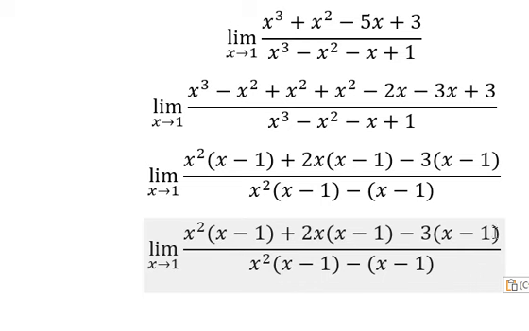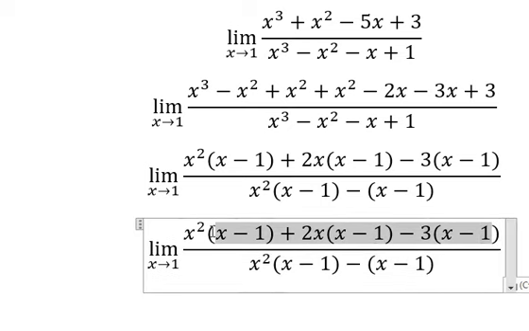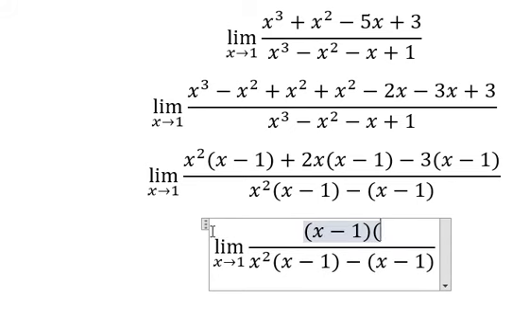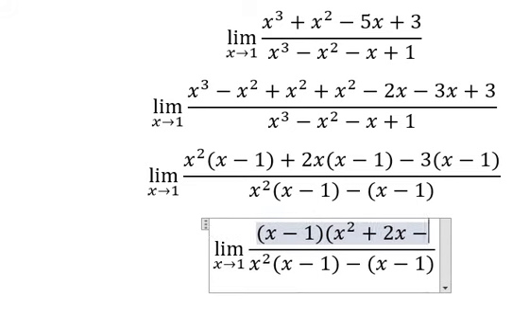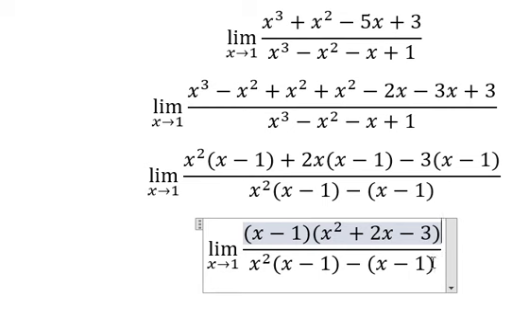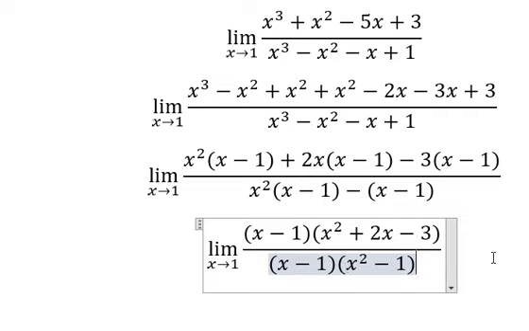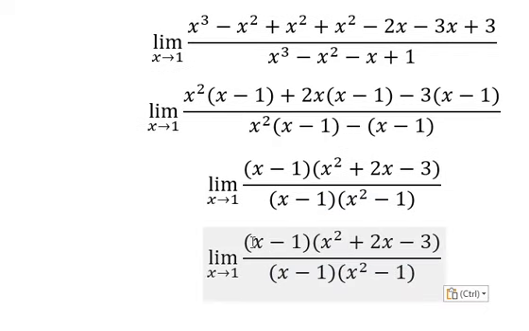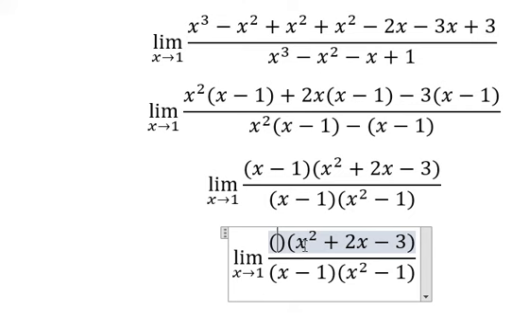We can do factorization. Similar for this one. Now we need to simplify s minus 1 and s minus 1.